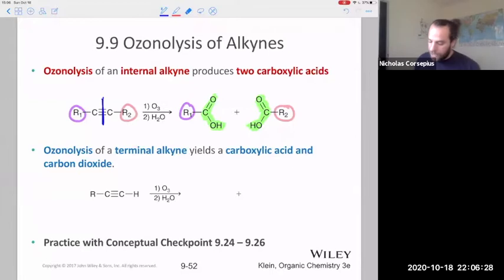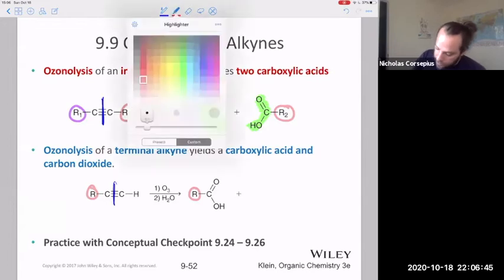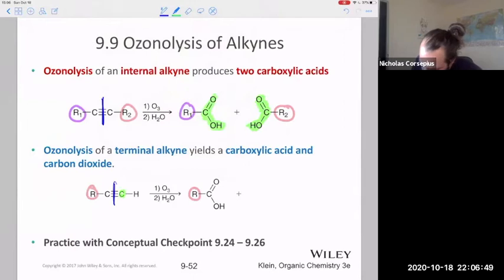It turns out that if it's a terminal alkyne, you indeed get, from the one half, your carboxylic acid, right? So this corresponds to that half of the molecule, again cleaving right down the middle. But for this carbon here, instead of getting a carboxylic acid, you actually get CO2.